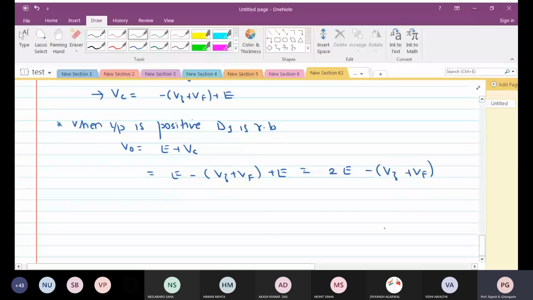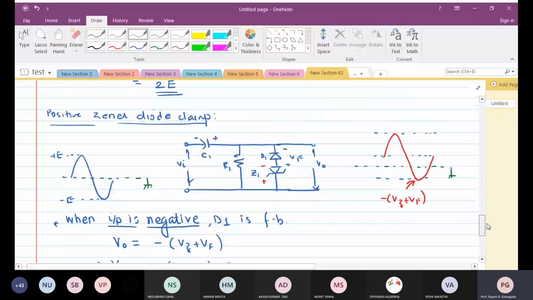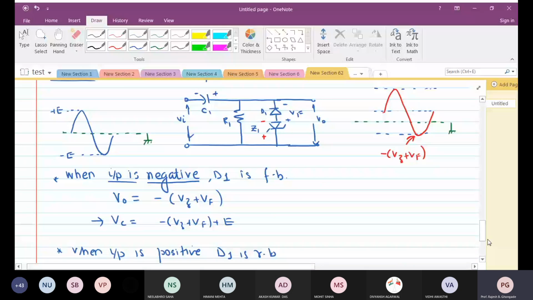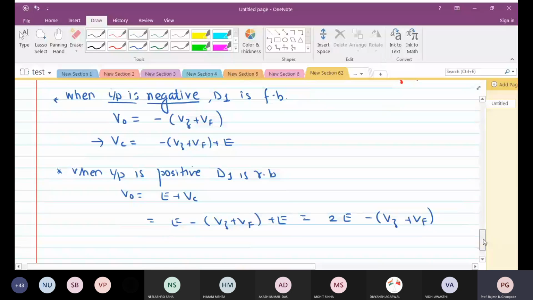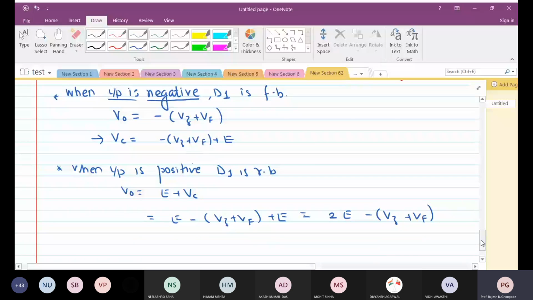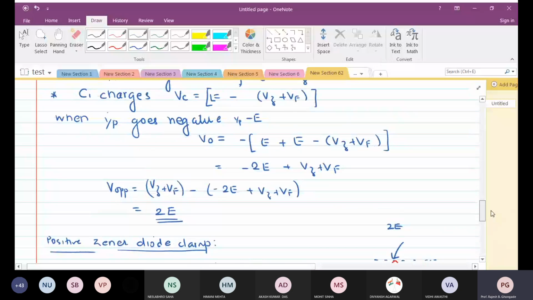Okay, so this is the output voltage when the input is positive. So this value is 2E, you can look here, minus Vz plus Vf.